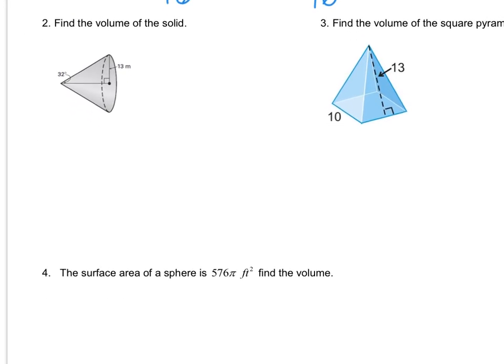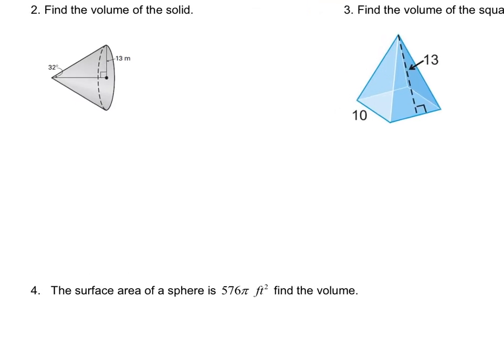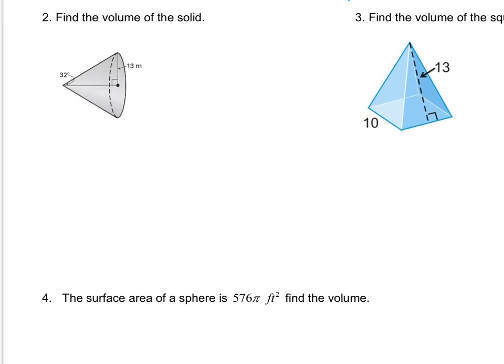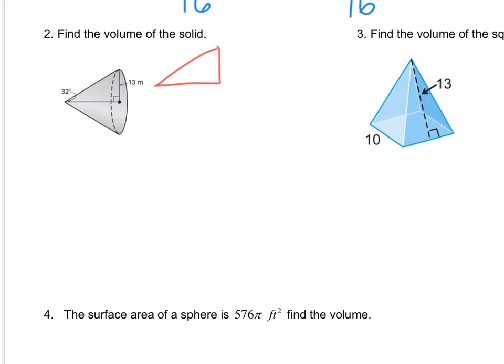Number 2, find the volume of the solid, and we can see that we've got not the height, but the angle up there on top. So if I kind of redraw that right triangle there, the radius is 13, and this angle is 32 degrees.